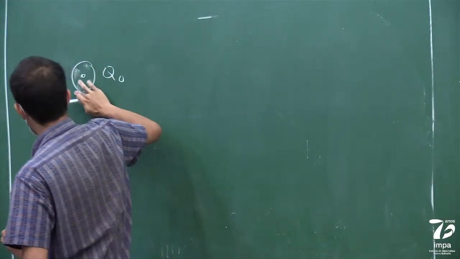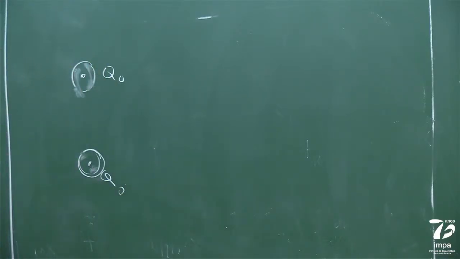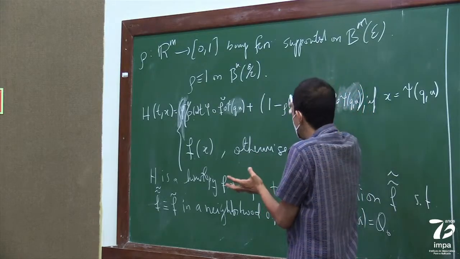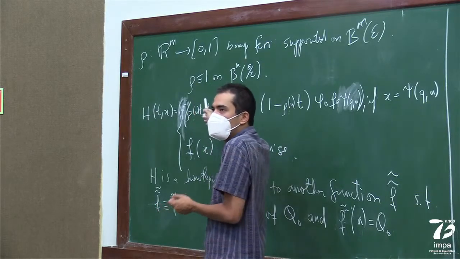Of course, when rho is equal to 1, then it will be equal to F tilde.